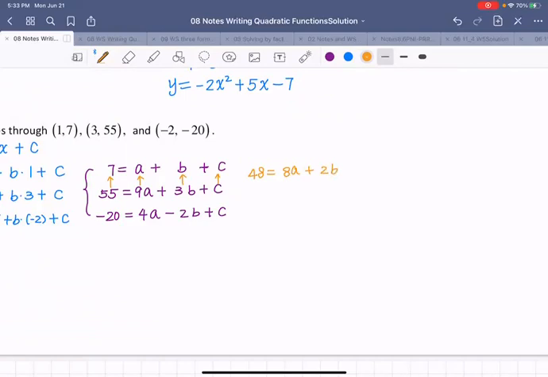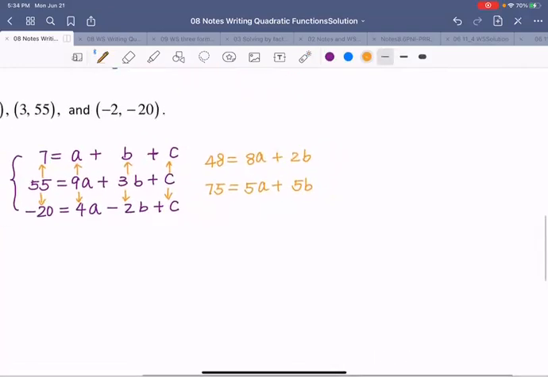Beautiful. I like it. Let's do this direction. 75 is equal to 5a plus 5b. Okay, next. We want to simplify. We don't want to use those big numbers because if we can simplify, the calculation will become way easier.